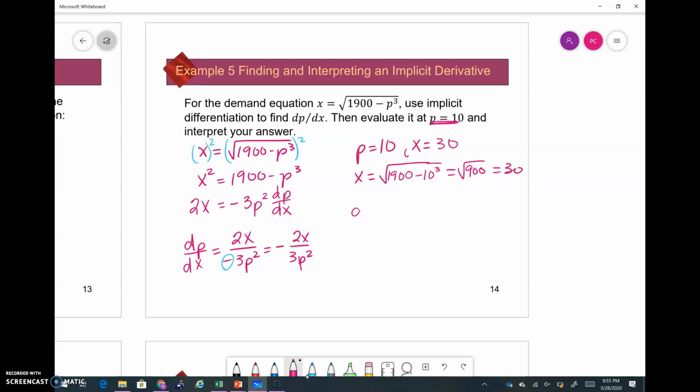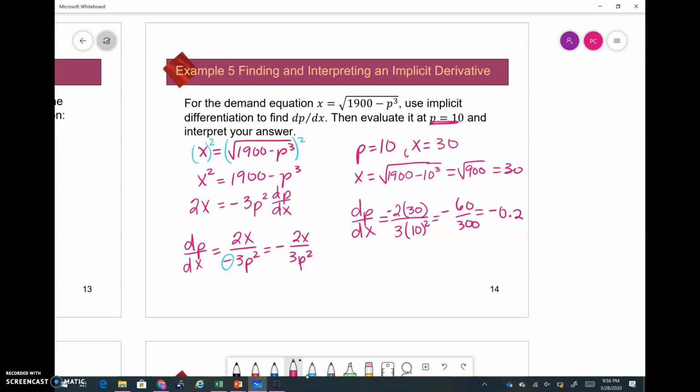So now we can find the derivative of p with respect to x. So I have negative 2 times 30 over 3 times 10 squared, giving us negative 60 over 300, which is equal to negative 0.2.